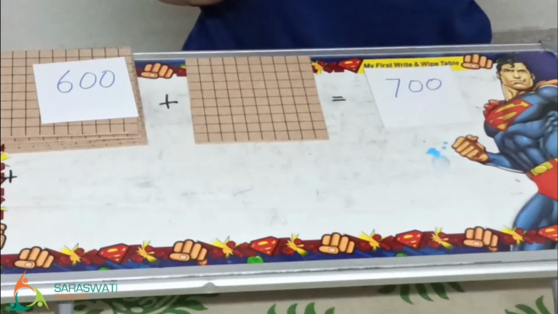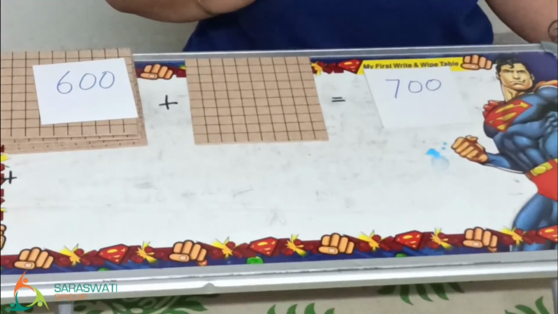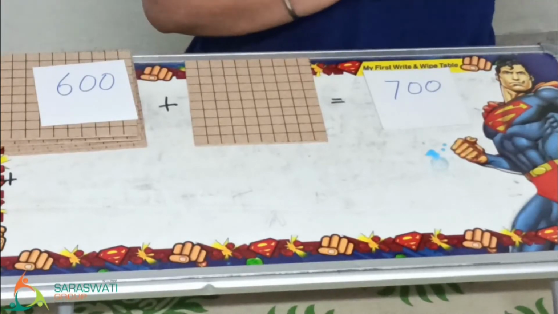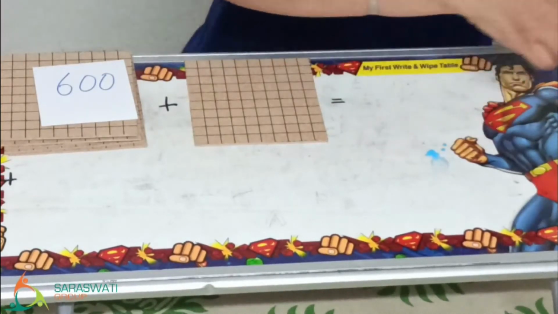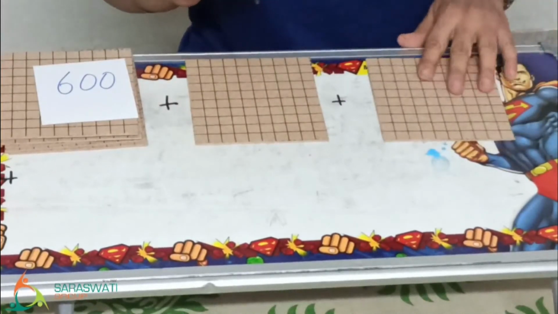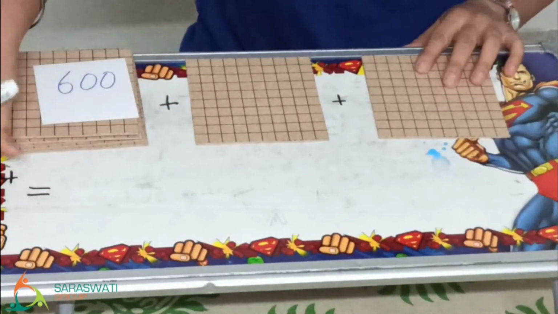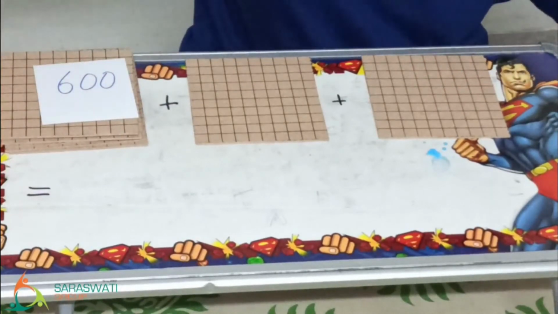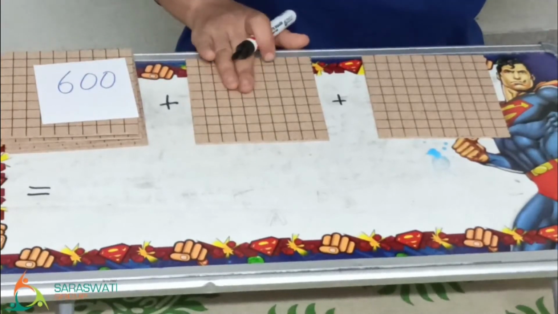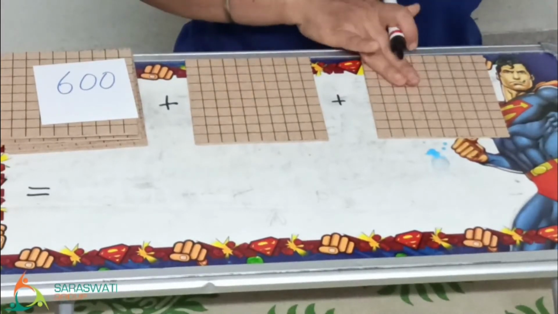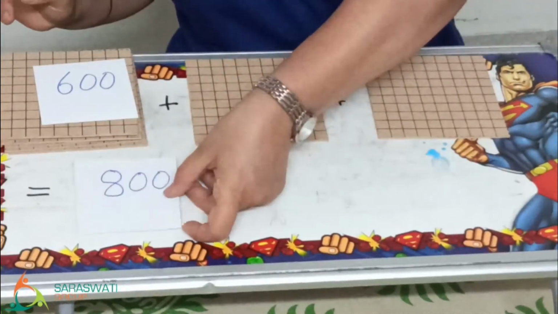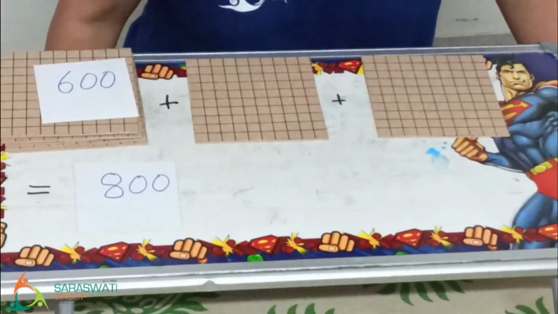You can see. Now if I again add one more 100 to 700, what number will I get? Plus one more, let me find out what number it will be. 600 plus 100 is 700, plus 100 is 800. So I will get 800, right?